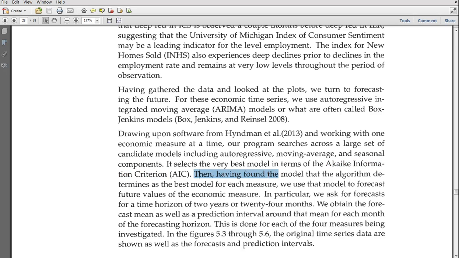Then, having found the model that the algorithm determines as the best model for each measure, we use that model to forecast the future values of the economic measure. So if we're doing consumer sentiment, we'll use that to forecast future values for consumer sentiment, and so on.